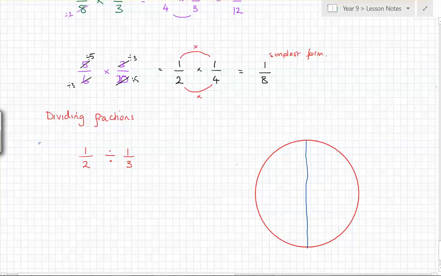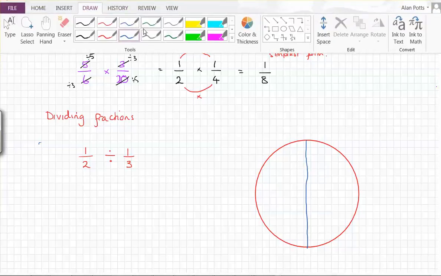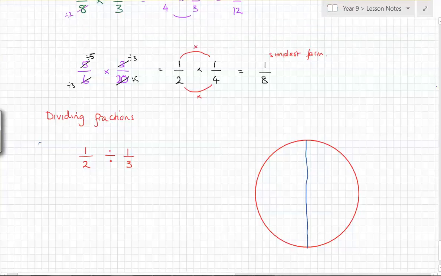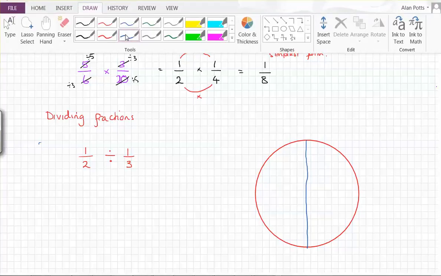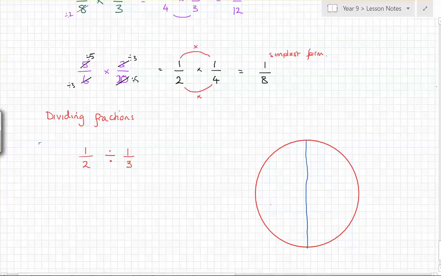So here's the thing. Not quite, actually. So what I'm going to do, using my whole cake, is split my cake into thirds. So I'm going to ignore my halves and split it into thirds. Here's the thing, I only have a half though.